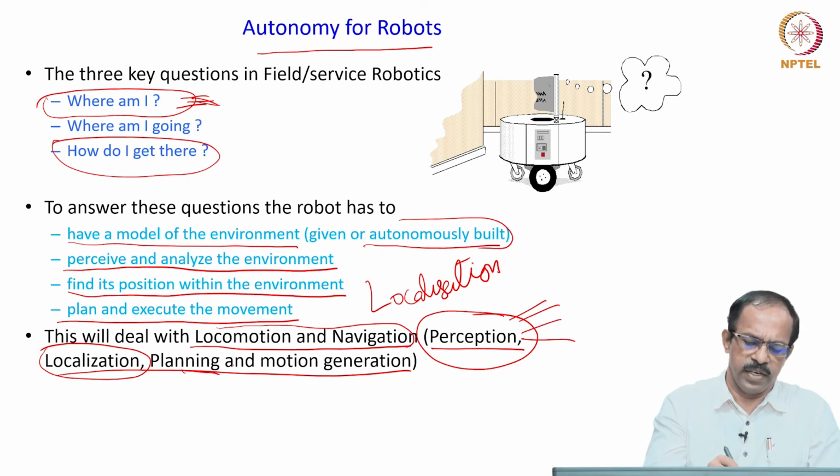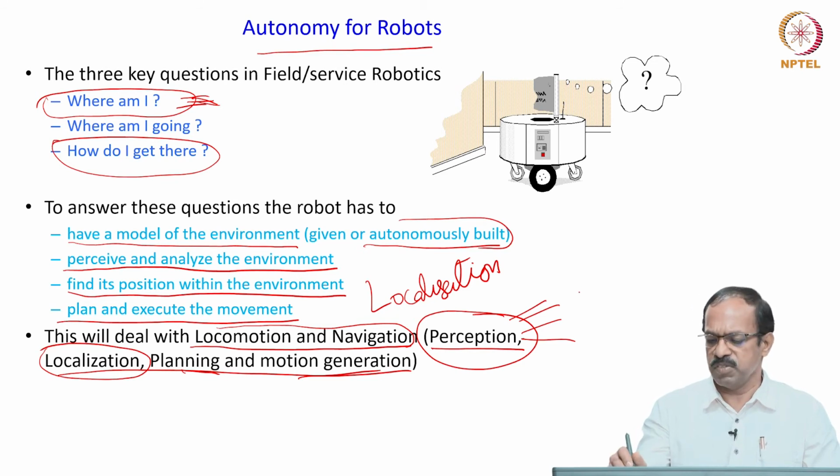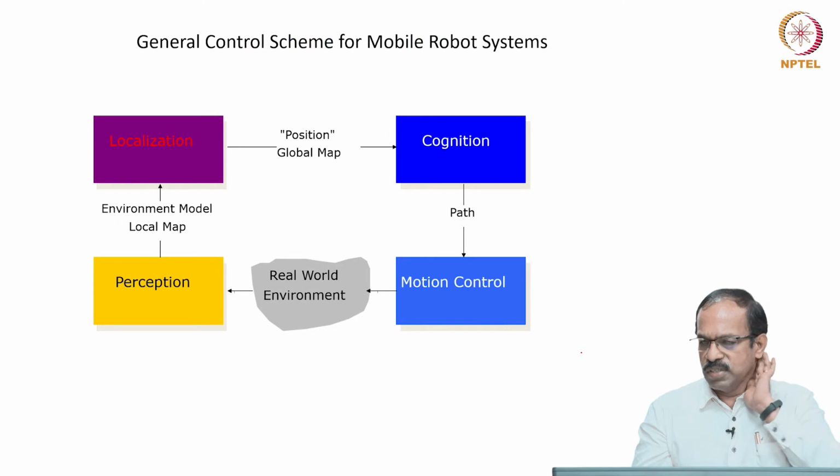And then of course the planning and motion generation. So these are the other steps that the robot has to do. I'm just explaining this to tell you that any robot needs to have this capability of perception and localization in order to have autonomous capabilities. So this has been explained here.